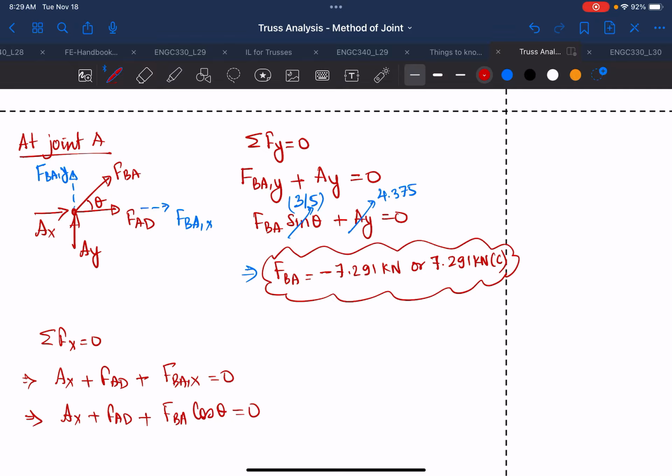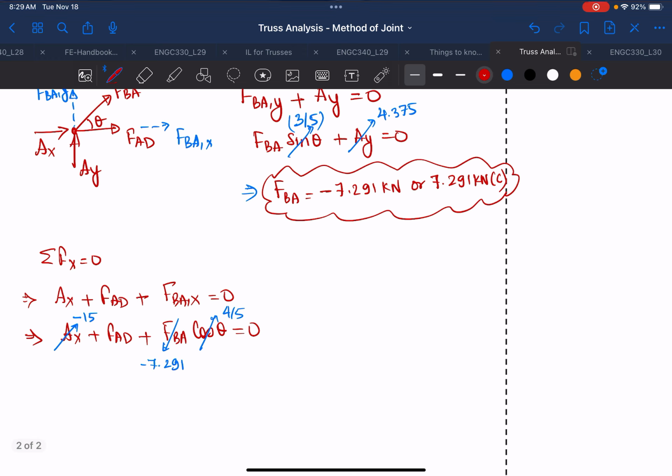So in this case, you have AX, which is negative 15, and cos theta, which is 4 over 5, and FBA will have minus 7.291. So if you put all those values, you'll find that FAD will be equal to 20.833 kilonewton. And because it is positive, we say that FAD will be in tension.